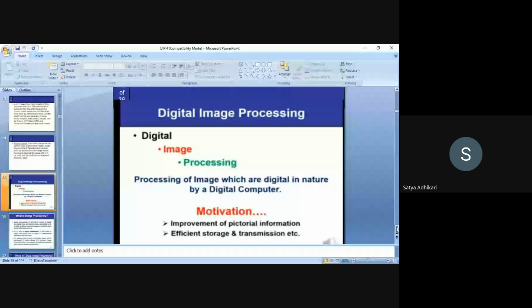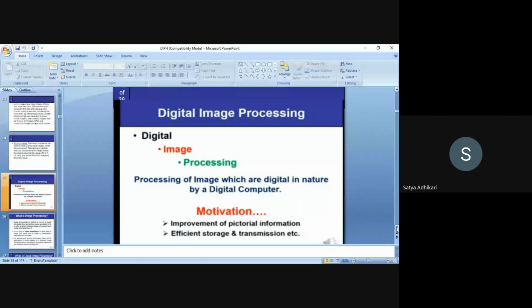These are some of the reasons we have discussed for why we need DIP, we need processing. We may increase the quality. We may take the parts of the image we are interested in by removing the other parts.